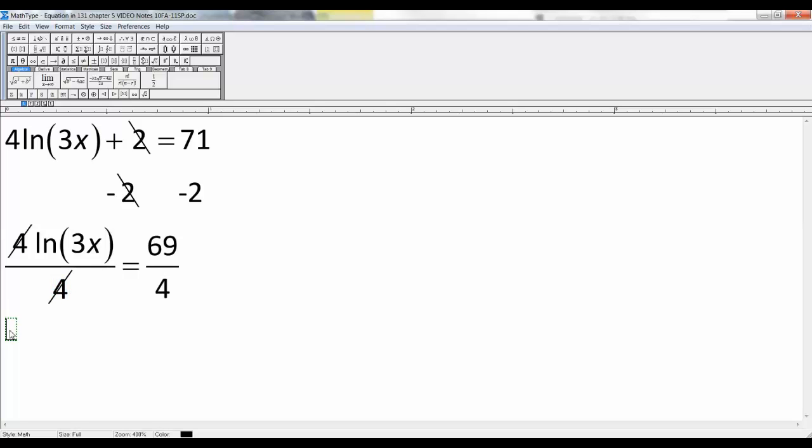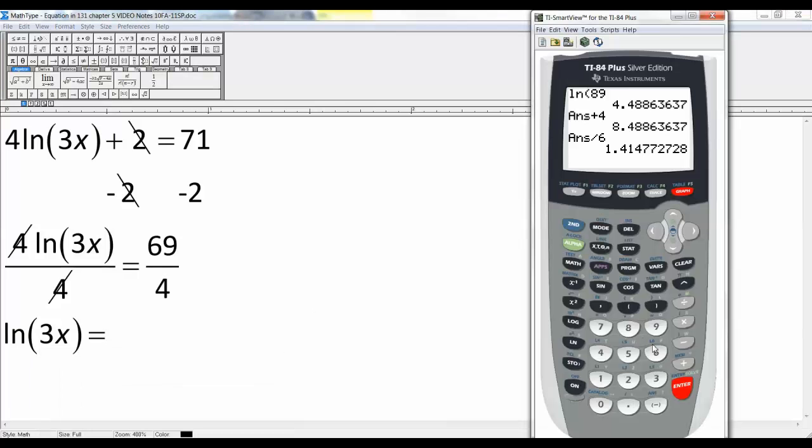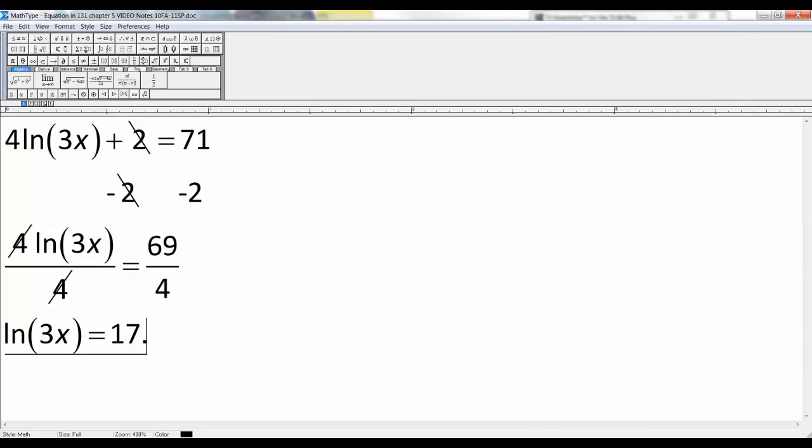So you're left with the 1 times the ln of 3x, which we're too lazy to write the 1, but it's there, equals 69 over 4. 69 divided by 4 is 17.25. Okay, so we have 17.25.